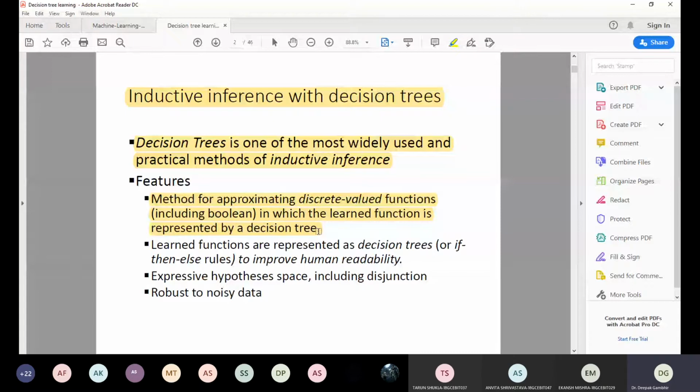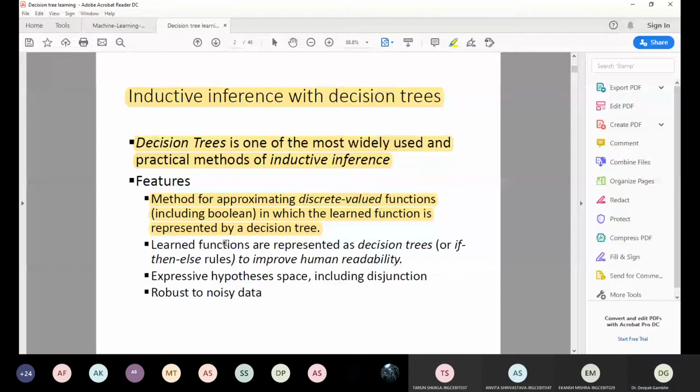A tree kind of input is made, and on the basis of this, we can define the inference method inductively.